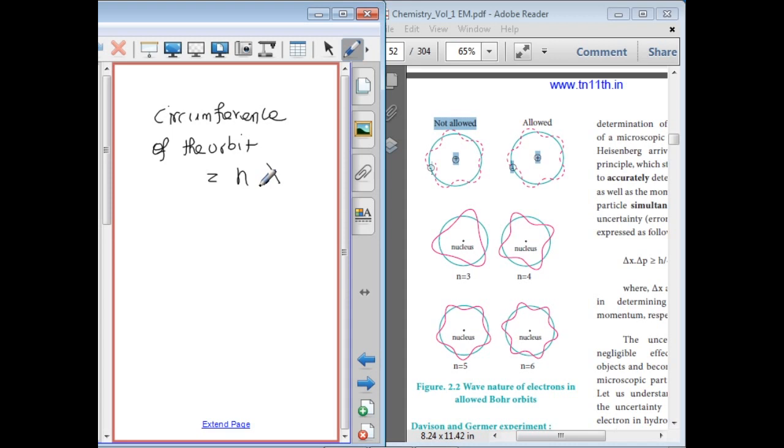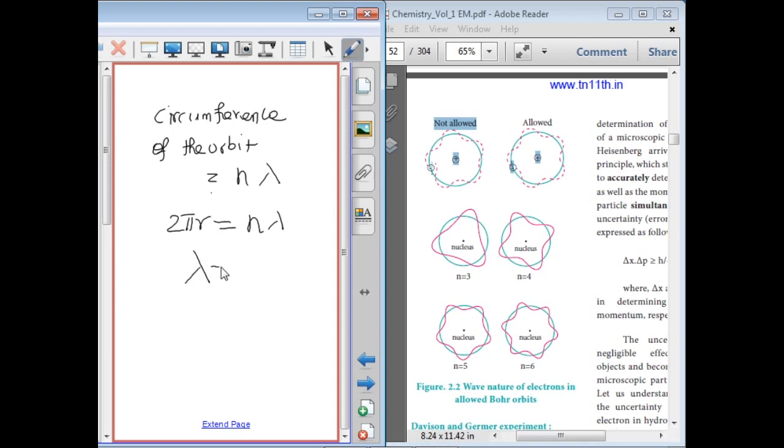But in that explanation, there is no proper explanation for this term. Who explained it? de Broglie. So that explanation is the circumference of the orbit, which de Broglie explains through a derivation. The circumference of the orbit equals n lambda. What is the circumference of the circle? 2 pi r equal to n lambda.